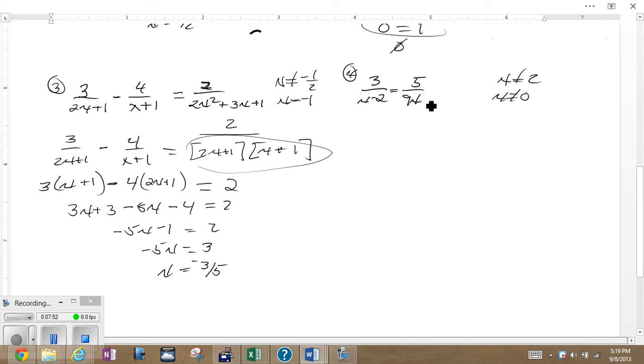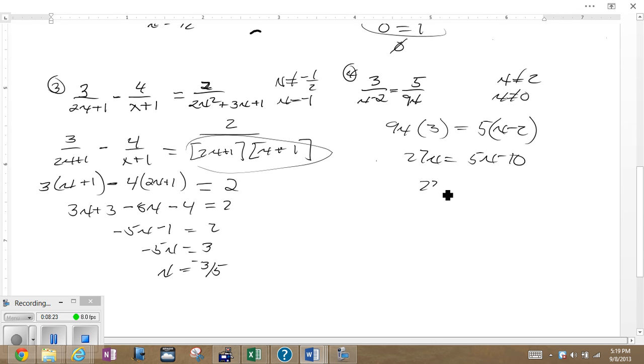Here, the nice thing is we only have two fractions, one on each side of the equal sign. The nice thing with that is you can make life a whole lot easier by just cross multiplying. 9x times 3 equals 5 times x minus 2. 27x equals 5x minus 10.